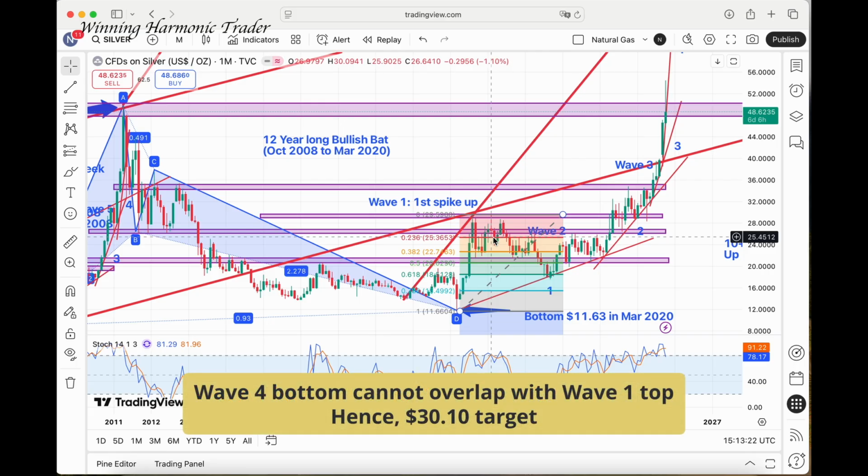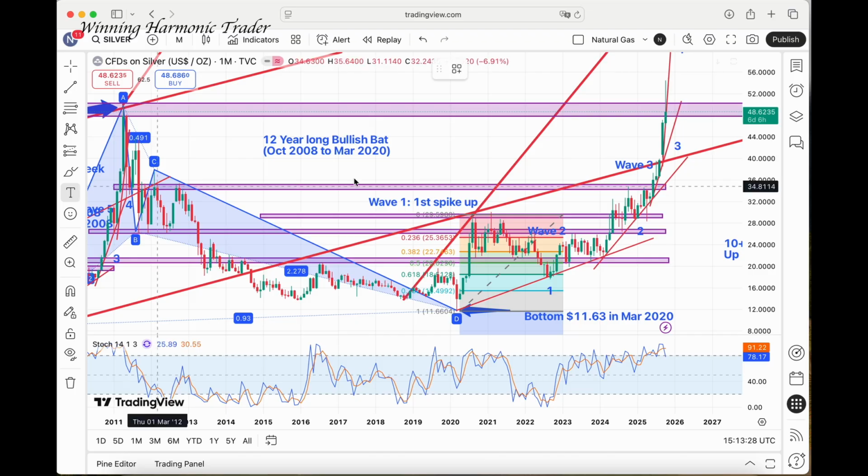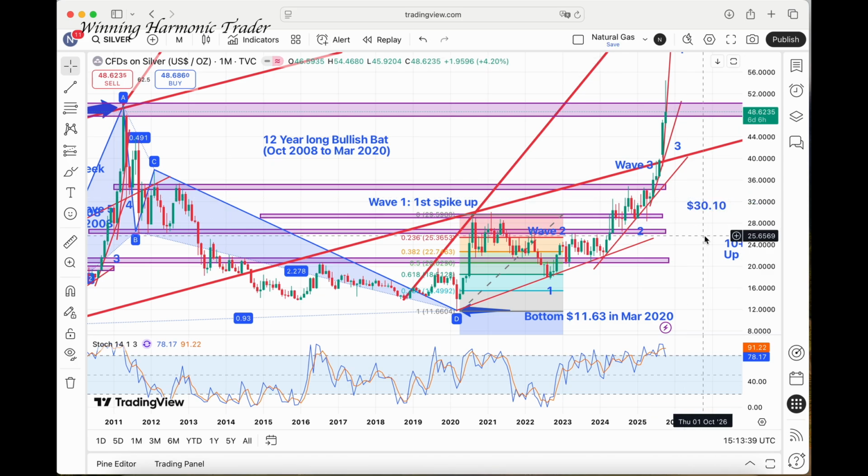So silver could fall up to $30.10, right? So that's my reasonable target.